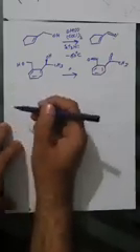Now we will discuss the mechanism of this reaction. Mechanism. The mechanism of the Swern oxidation consists of two steps.